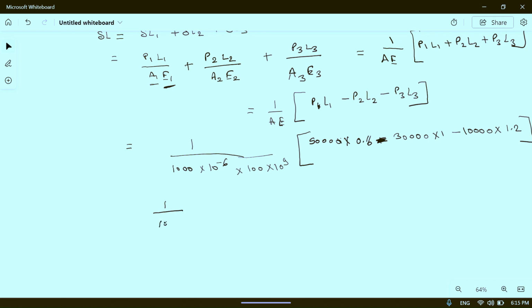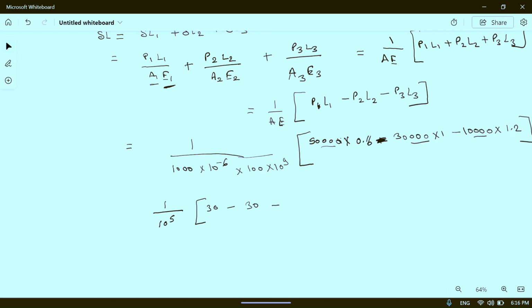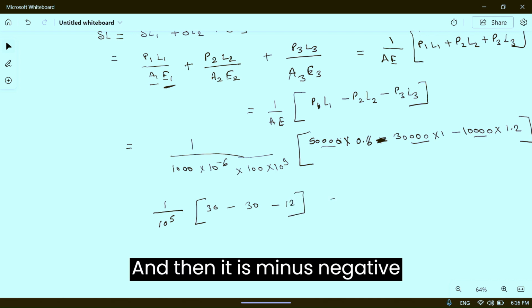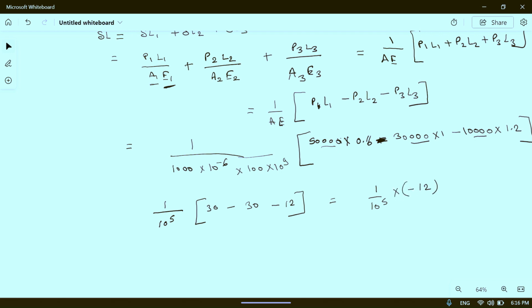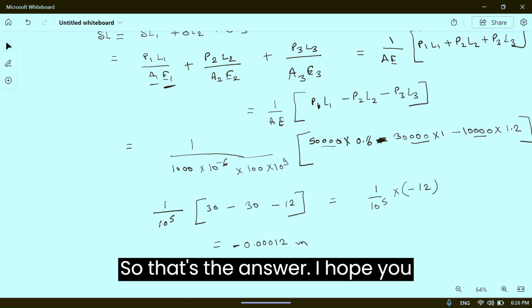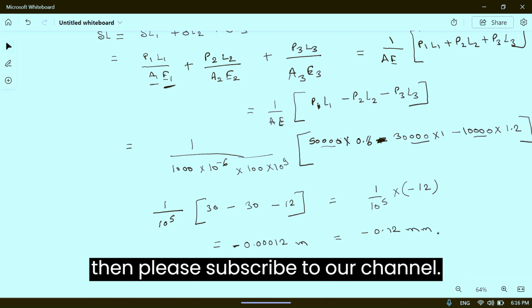So it will become 1 by 10 to the power 5. This 1000 will be common, it will come out as 10 to the power 3, 1 by 10 to the power 5 into, 50 into 0.6 will be 30, minus 30 into 1 will be 30, minus 1.2 into 10 will be 12, so it will be 1 by 10 to the power 5 into minus 12, so it will be minus 0.00012 meter or minus 0.12 mm.